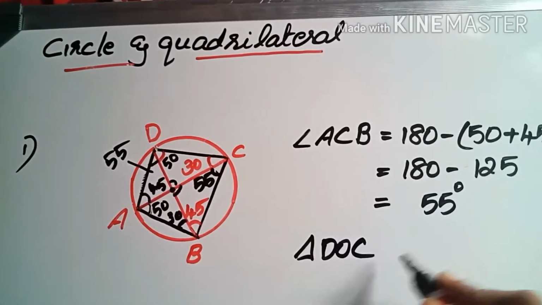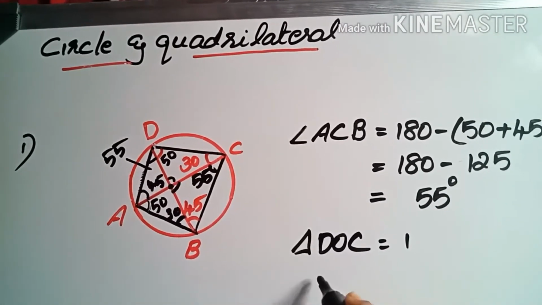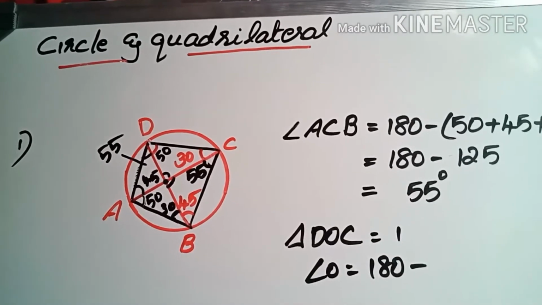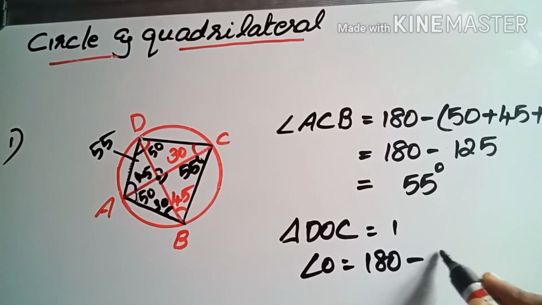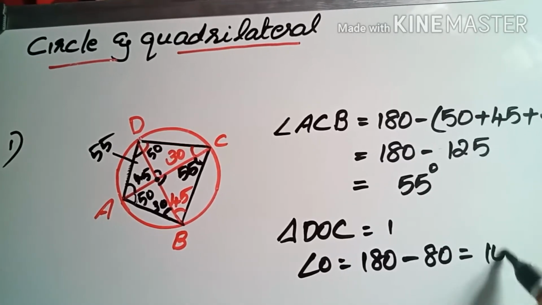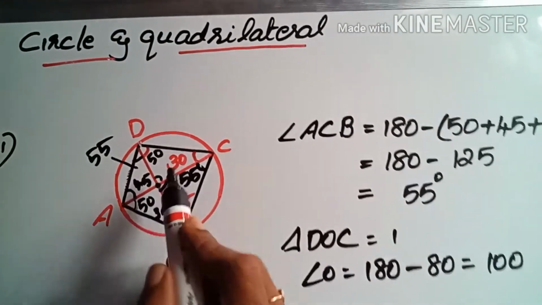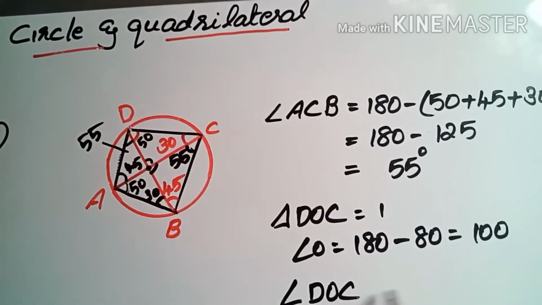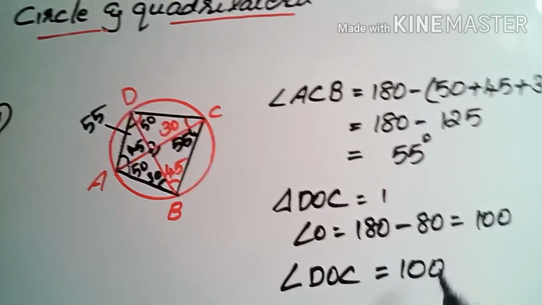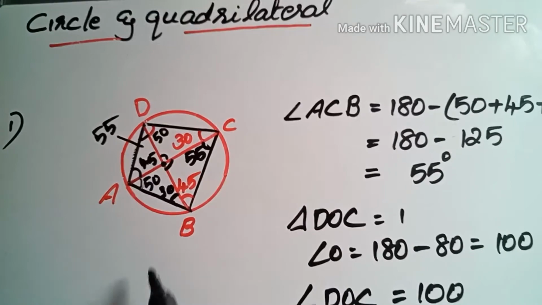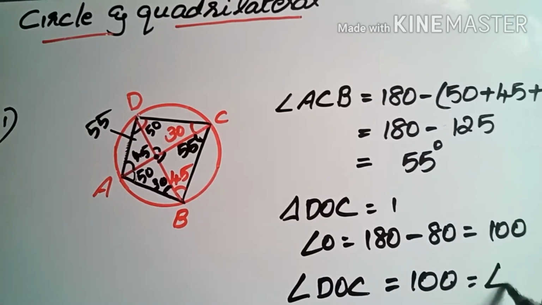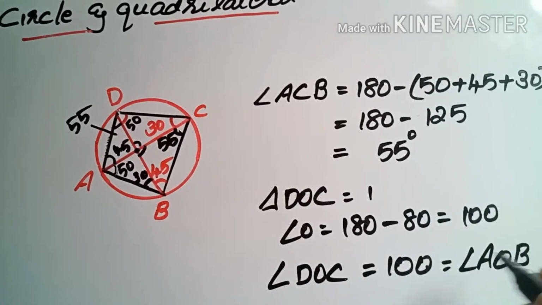To find the remaining angle O, it will be 180 minus (50 plus 30), that is 80 degrees. So the answer is 100. This angle DOC equals 100, which means angle AOB will also be 100.